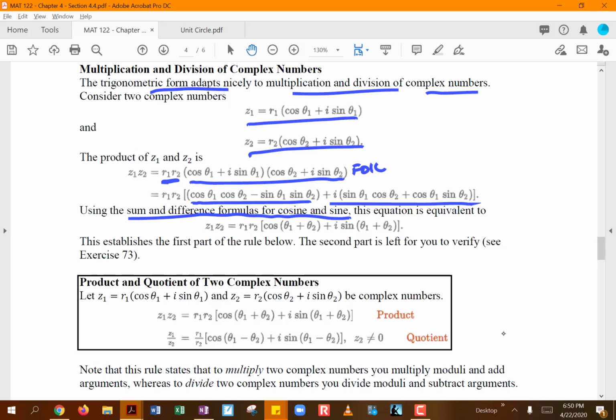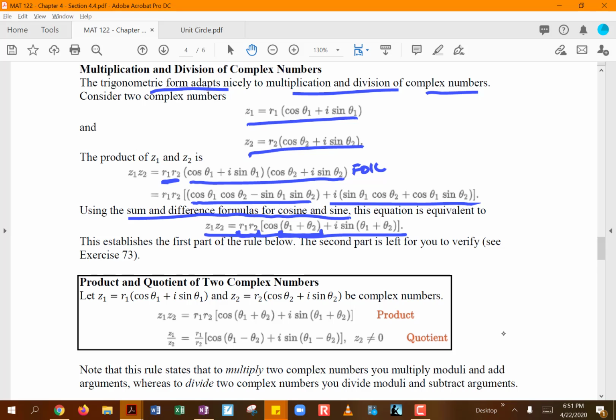And then when you clean this up, it actually simplifies into a nice simple formula over here by using that sum and difference formula. So the multiplication of two complex numbers basically comes out to be where you multiply the two moduli, so r1 times r2, and then you're still keeping that same format of cosine in the front plus i sine in the back, but for multiplication we go ahead and add our two angles.